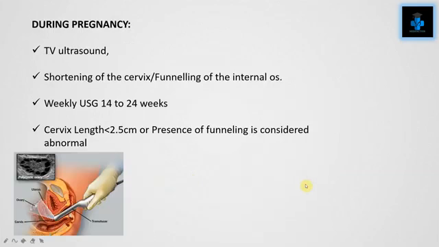During pregnancy, transvaginal ultrasound can be a diagnostic method. Also, shortening of the cervix or funneling of the internal os, weekly ultrasonography at 14 to 24 weeks; cervix length less than 2.5 cm or presence of funneling is considered abnormal.